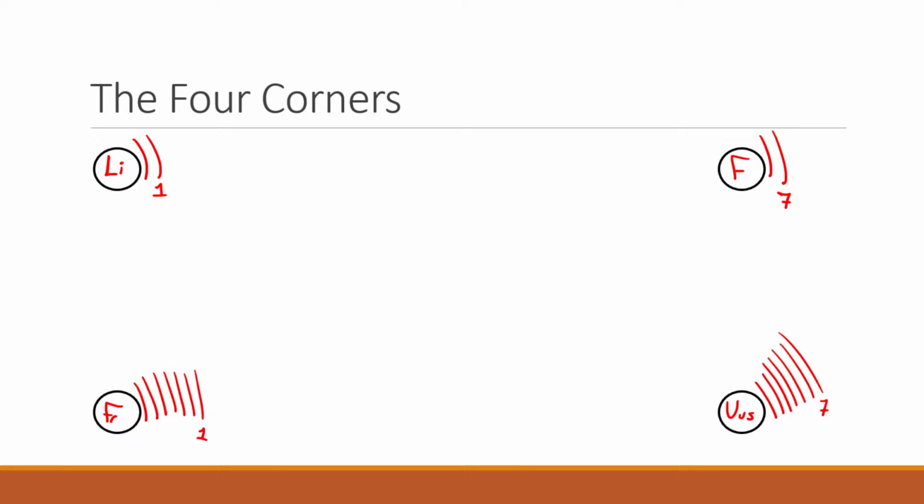And right away, thinking about these shells and how they are concentric circles, we can immediately tell which two atoms are bigger here. The two bigger atoms are going to be francium and ununseptium. They're going to have 7 shells, which is going to put them way above lithium and fluorine.